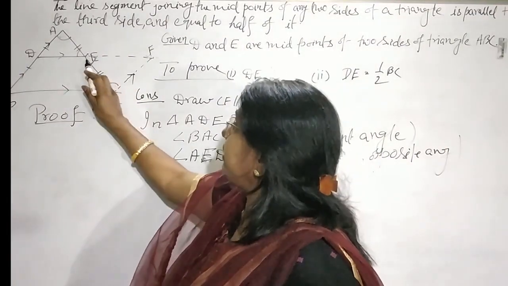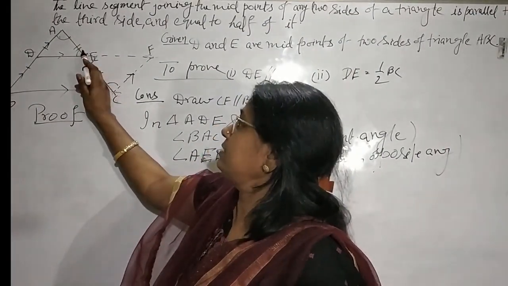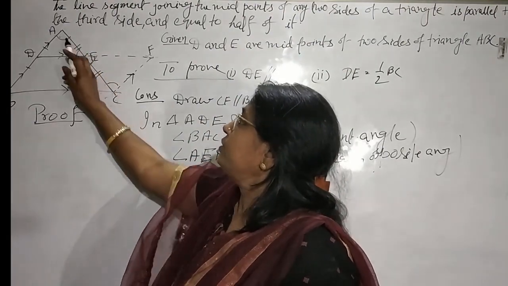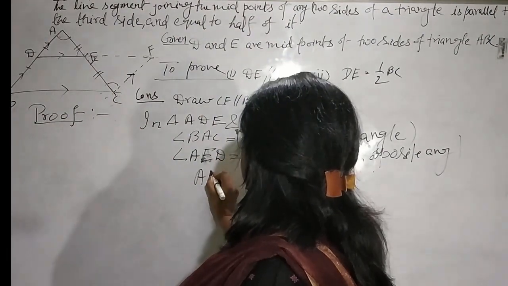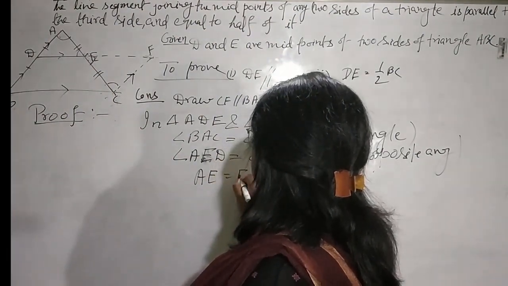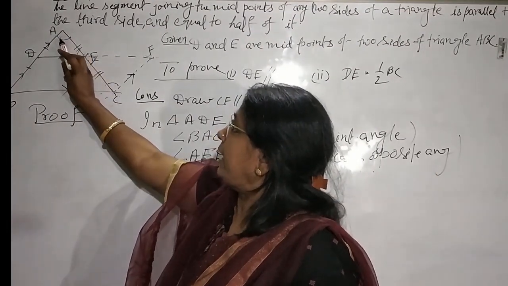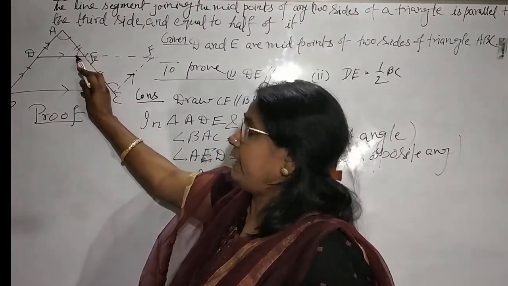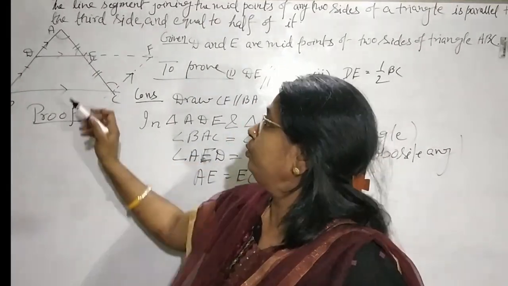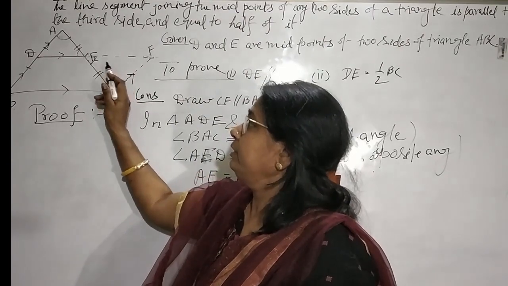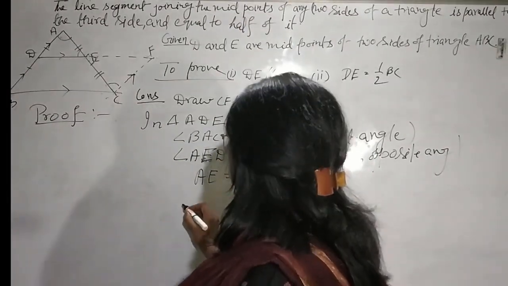And as we have taken E as the midpoint of AC, AE is equal to EC. Now by the angle-side-angle postulate, both triangles are congruent.